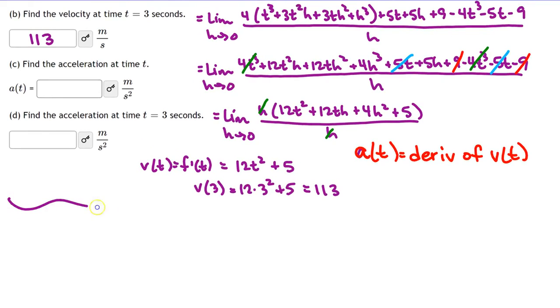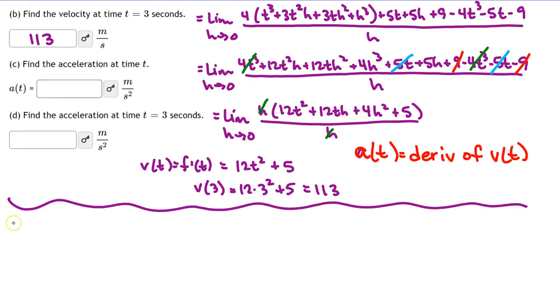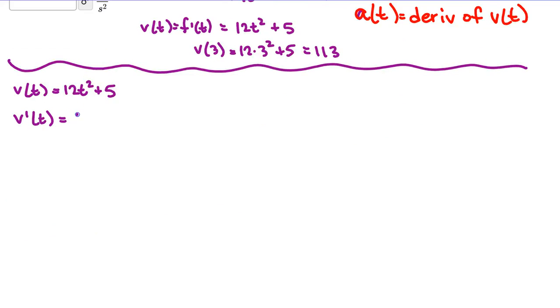Going to where my velocity was, velocity is 12t squared plus 5. Acceleration is going to be the derivative of that. So, one more time, limit as, now how about if I use the other method this time just for funsies?